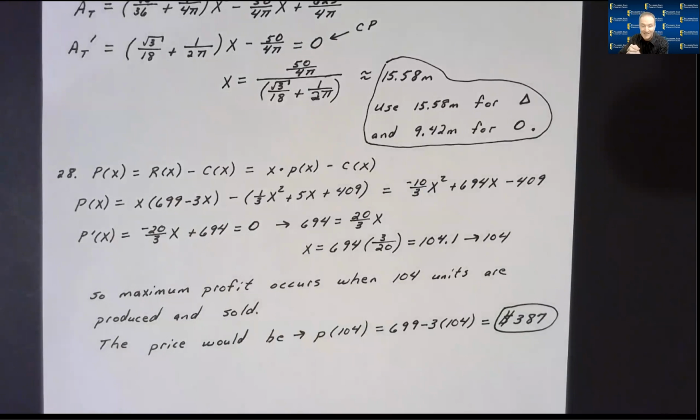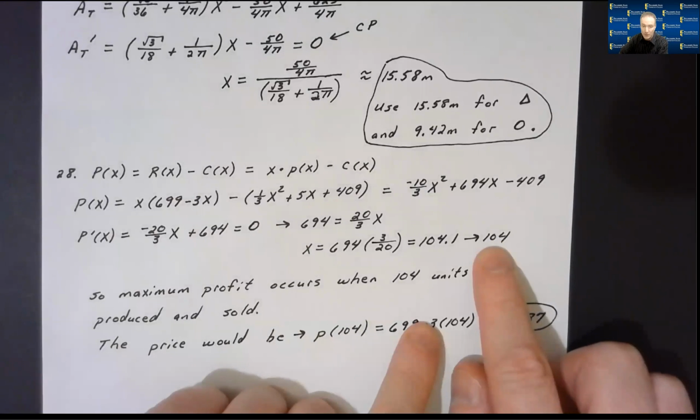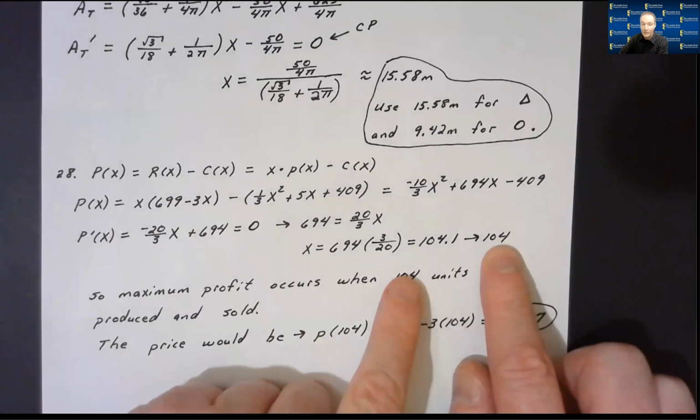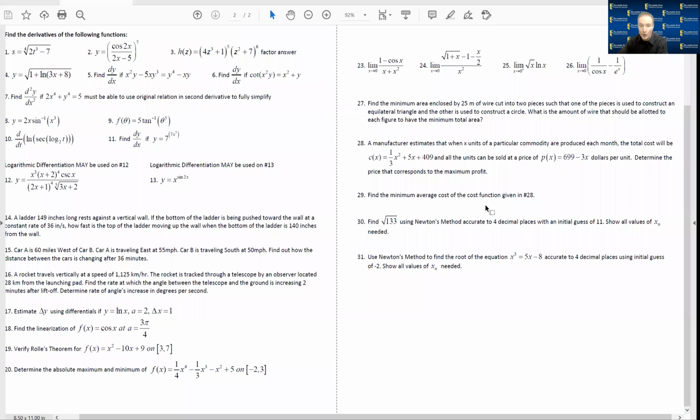So since X is the number of units you should produce and sell, that means we should produce and sell 104 units, not 104.1 units. Now, the profit occurs when 104 units are produced and sold. That's still not answering the question, though. The question was, determine the price that corresponds to maximum profit. Well, right here's your price function.